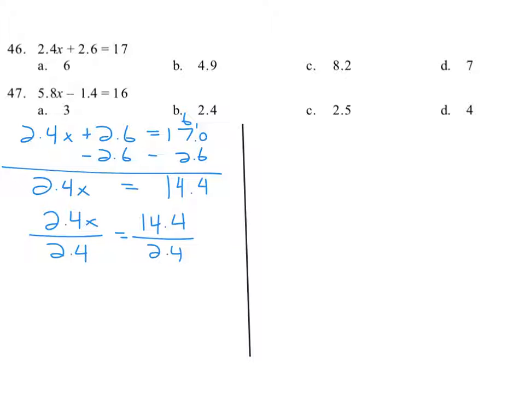So it's not 5, it's one more than 5 or 6. And we know that 24 times 6 is exactly 144.